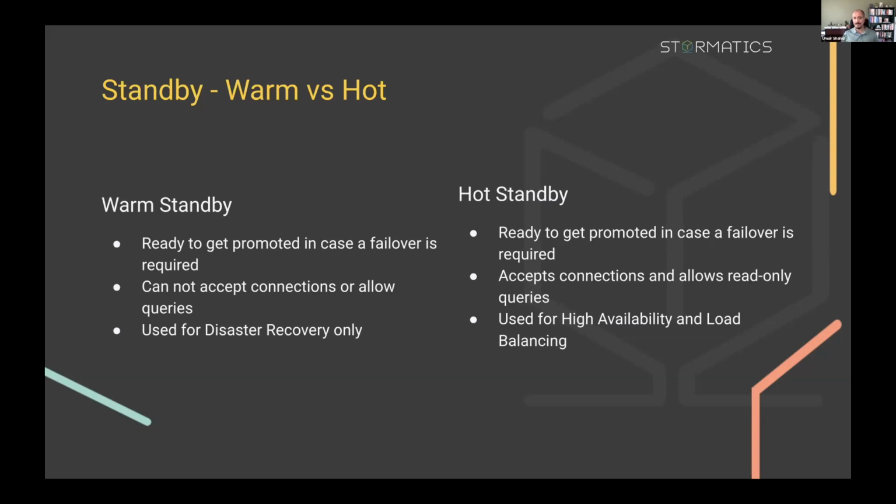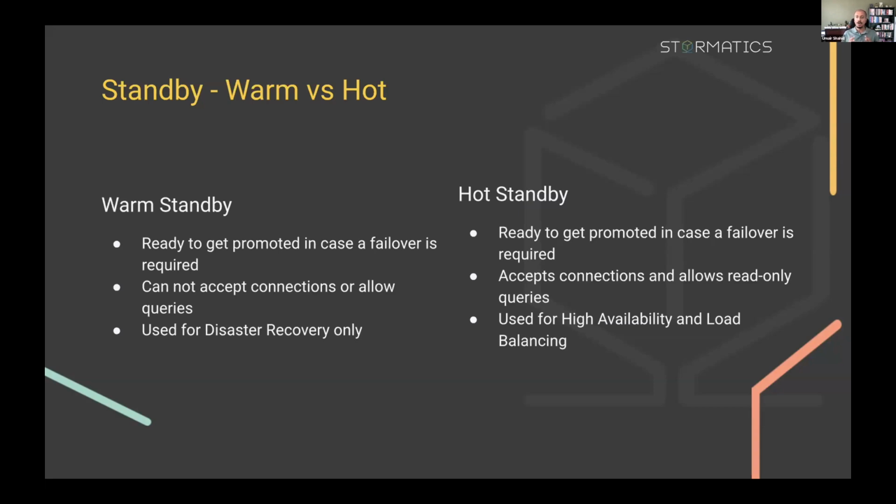Hot standby, on the other hand, is not just receiving all of those write-ahead logs and replaying them on it to make sure that the data is up to date. It is also ready to accept connections and process queries. Now, these queries are read-only, and it is used essentially for load balancing purposes.